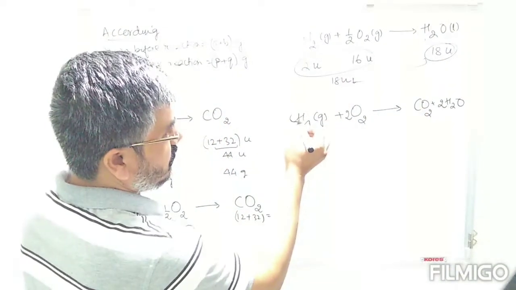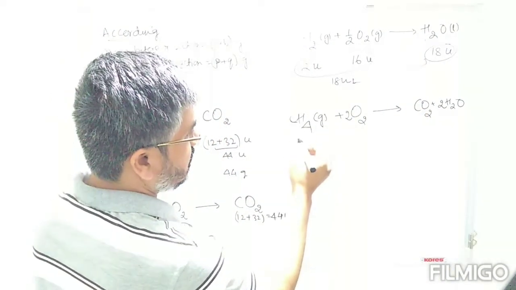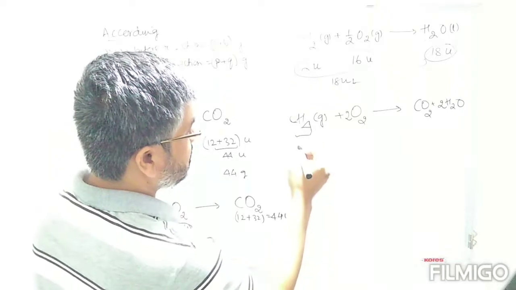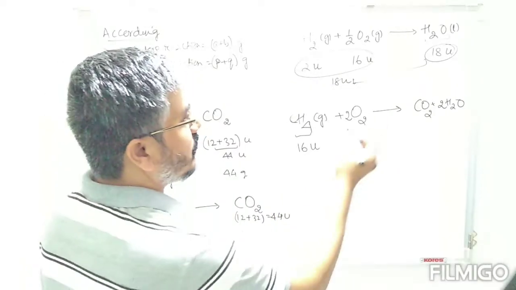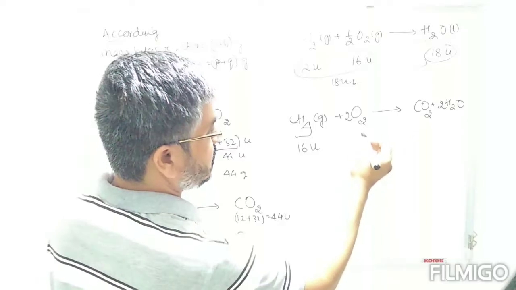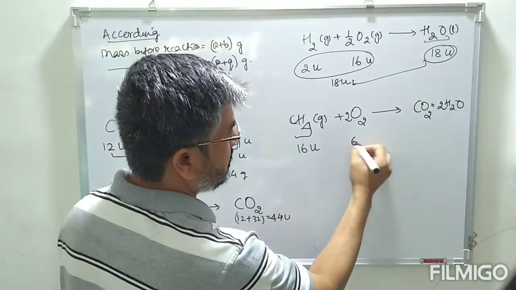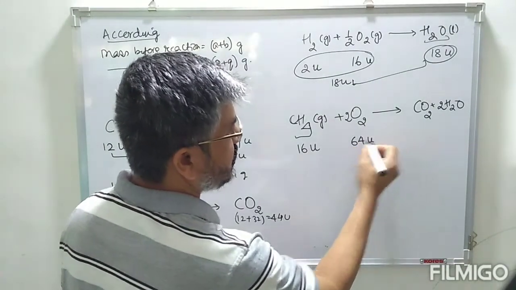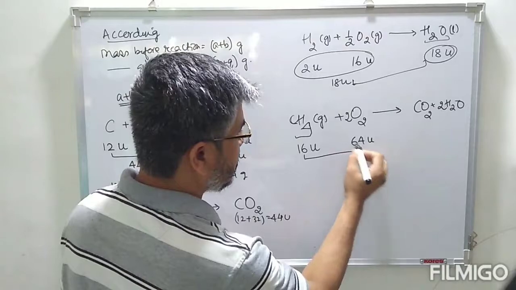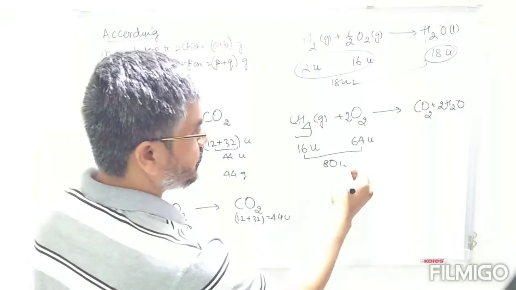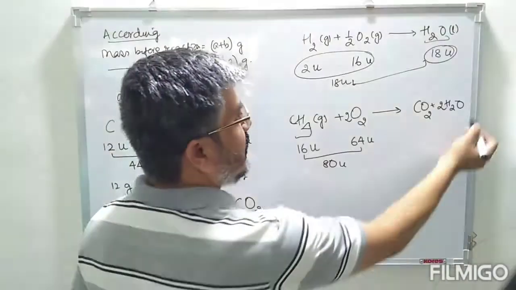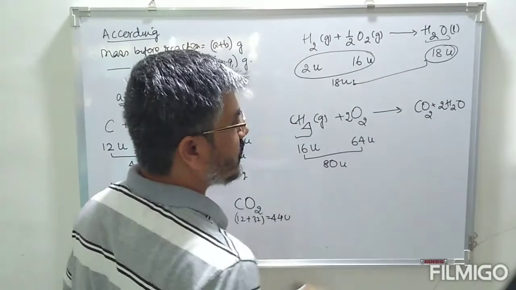So mass of methane is 16 U. Mass of 4 oxygen, that is 64 U. So mass before the reaction is 80 U. Let's look at the mass of products.